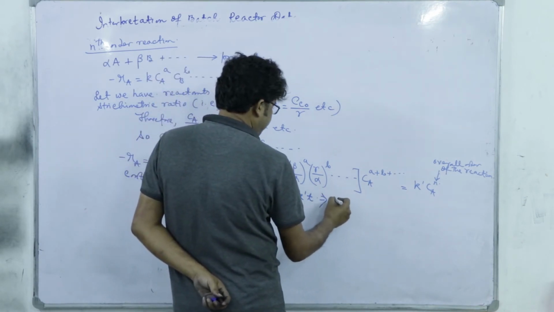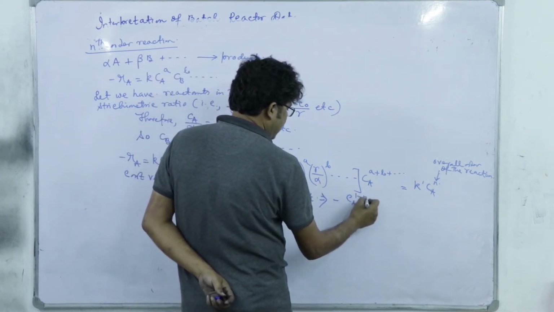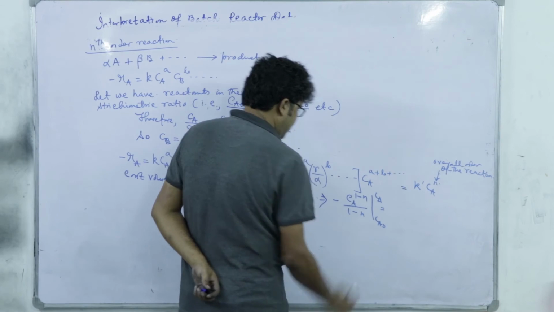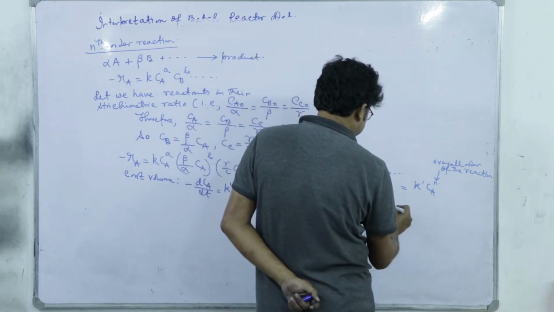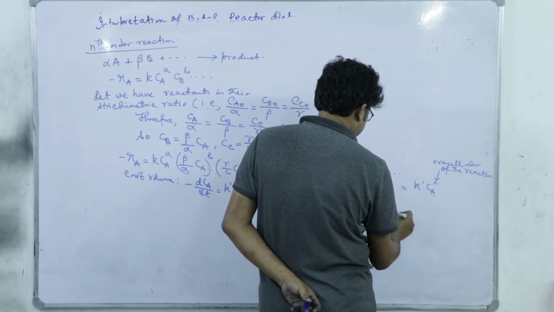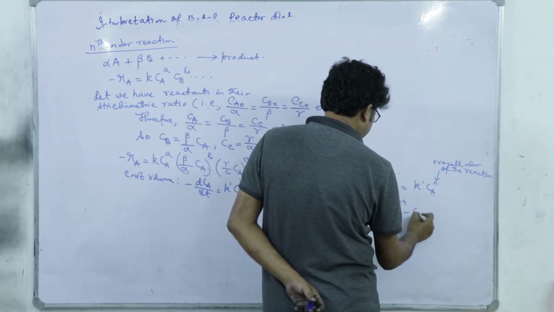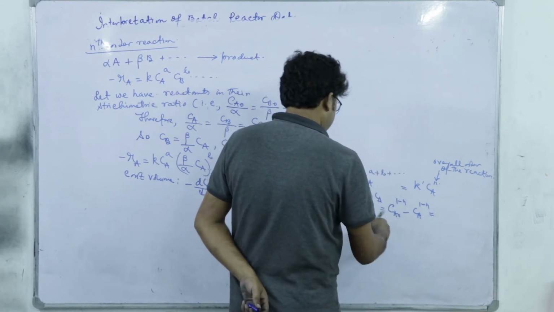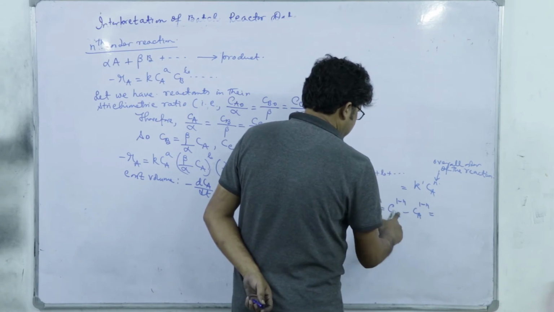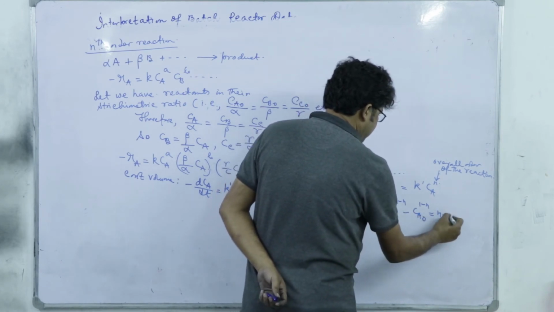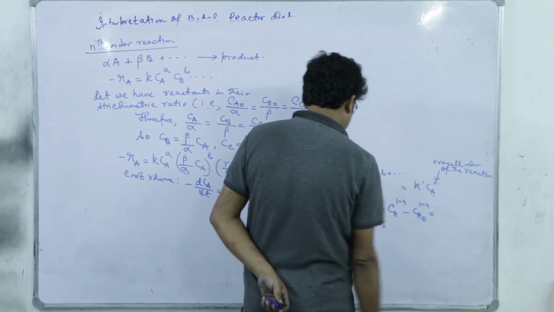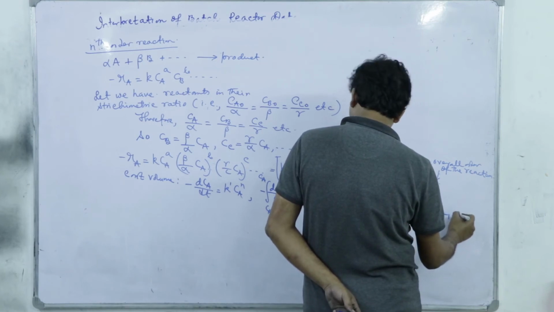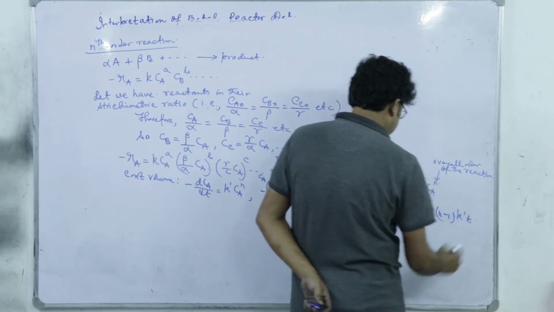So, this is minus Ca to the power (1 minus n) by (1 minus n), from Ca naught to Ca, and we will have Ca naught to the power (1 minus n) minus Ca to the power (1 minus n) equal to (n minus 1) into k prime into t, right.